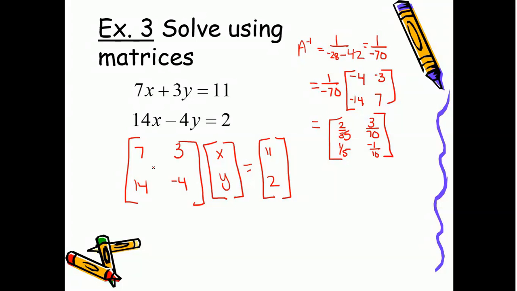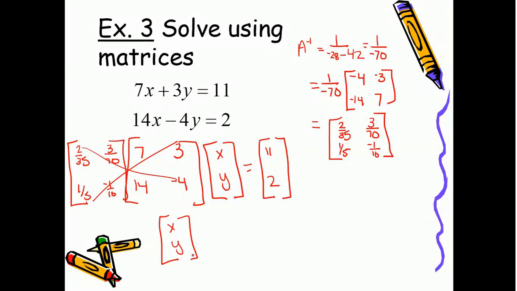So now, we need to multiply that by, on the left of both our coefficient matrix and our answer matrix. So this is going to give me the identity, so this is gone. Now I'm left with x, y equals, and let's multiply by our inverse.